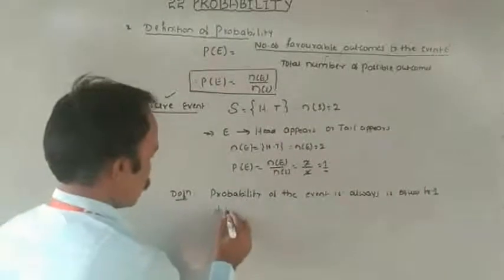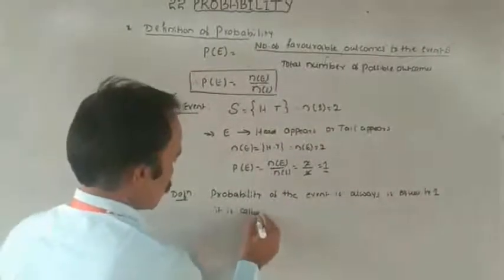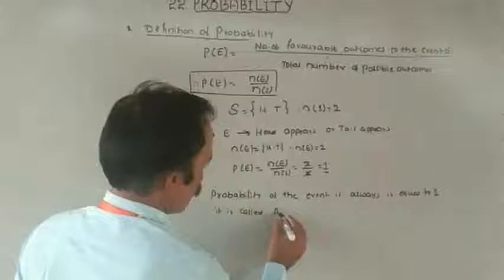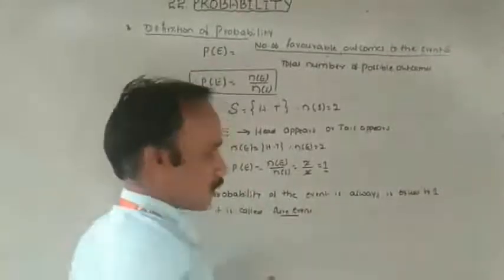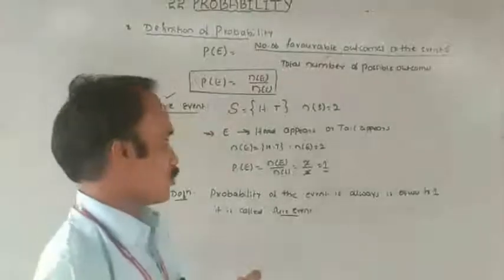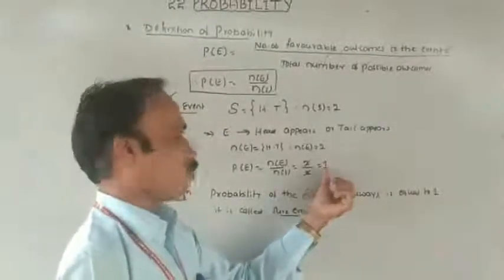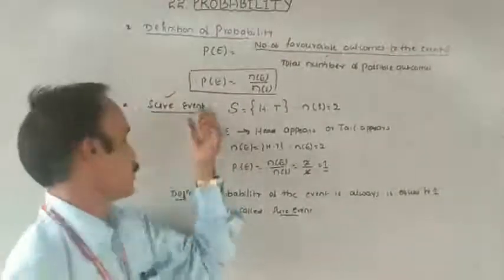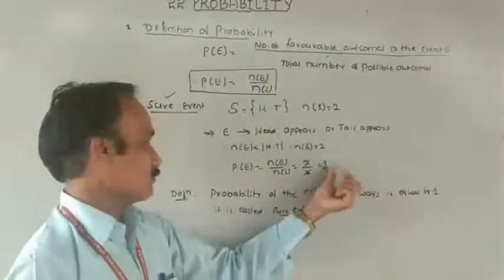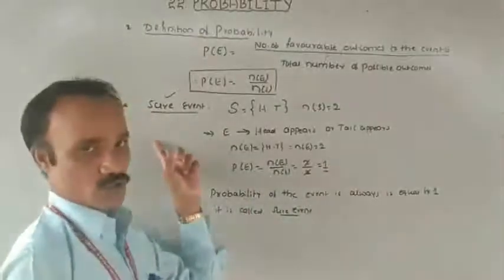It is called a sure event. This is very, very important. Suppose you got the probability of the event as 1, then it is called a sure event. So what is the probability of a sure event? Exactly 1.